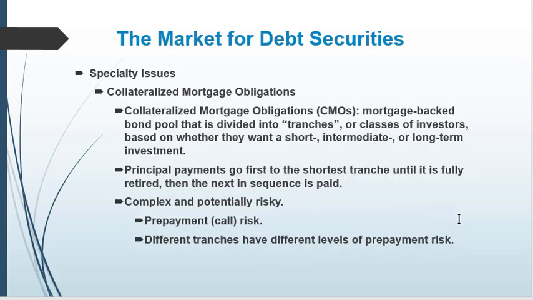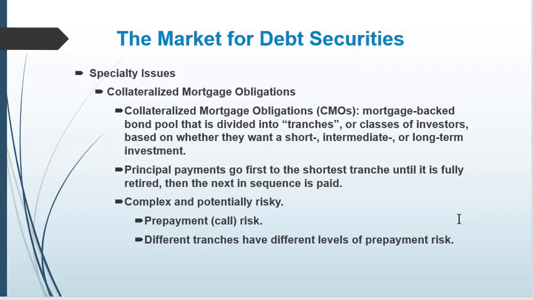A collateralized mortgage obligation is a mortgage-backed pool of investments. And essentially what happens is they divide this debt into what they refer to as tranches. And depending on what kind of a tranche you want, what kind of an investment you want, you can purchase a short, intermediate, or long-term investment.